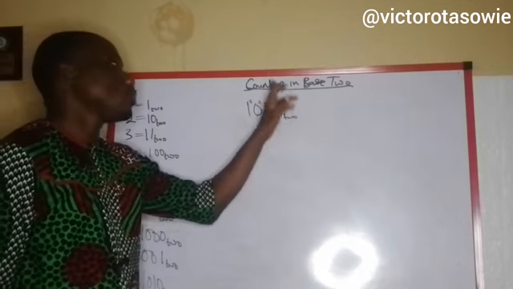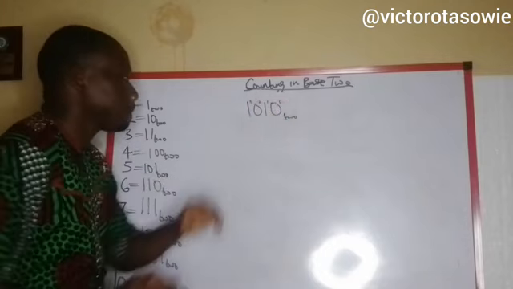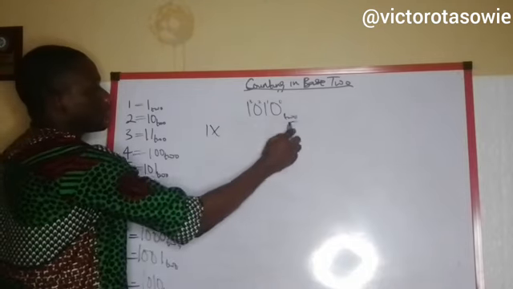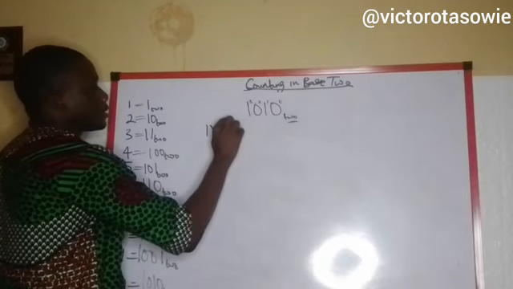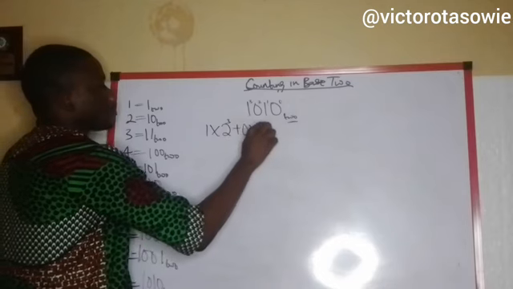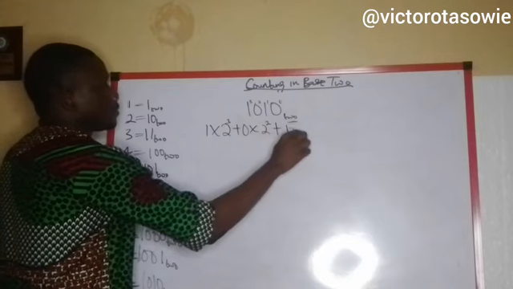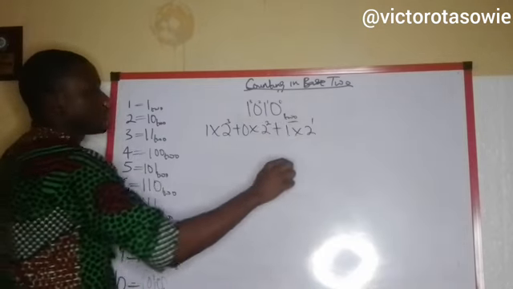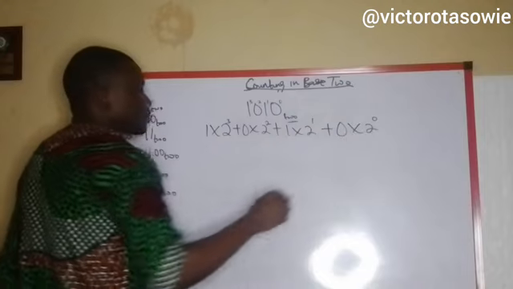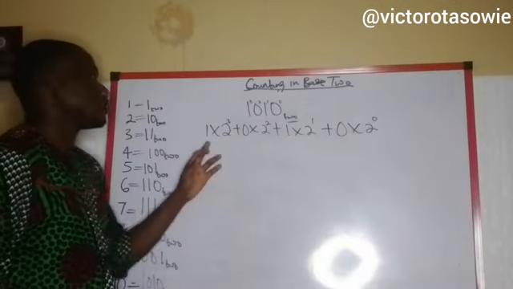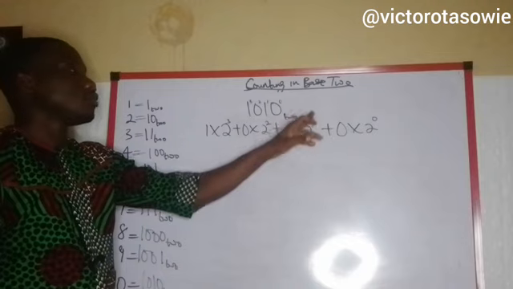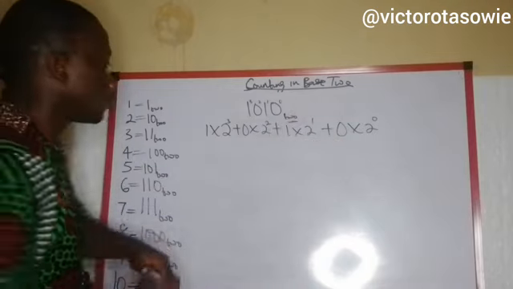So in this case, we are going to work with the base now. 1 times 2 raised to power 3 plus 0 times 2 raised to power 2 plus 1 times 2 raised to power 1 plus 0 times 2 raised to power 0.